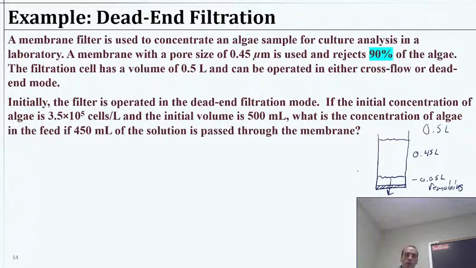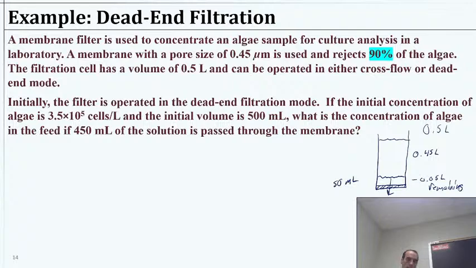So we have just 0.05 liters remaining, or 50 milliliters left in our system, and that's going to give us some answer to how many algae cells there are.